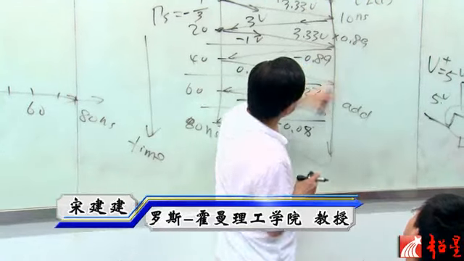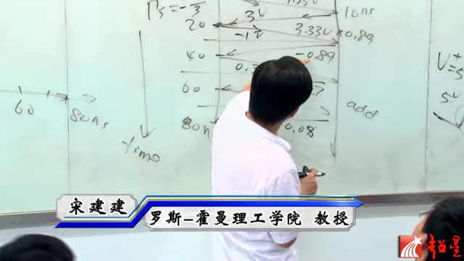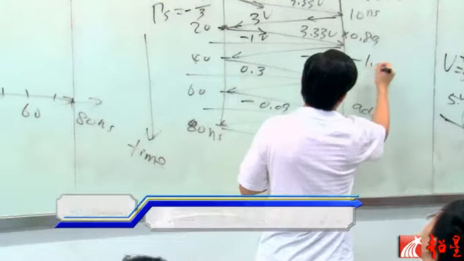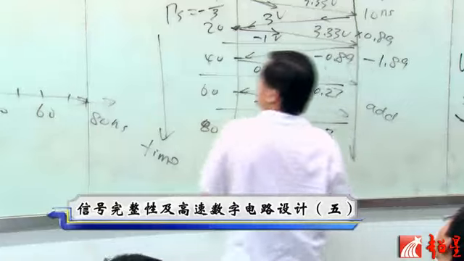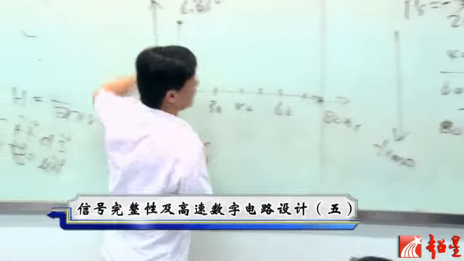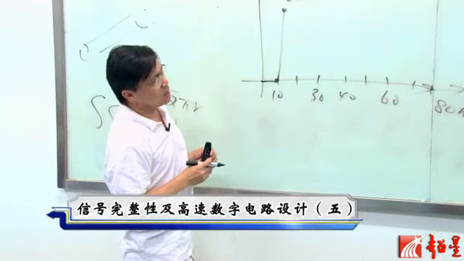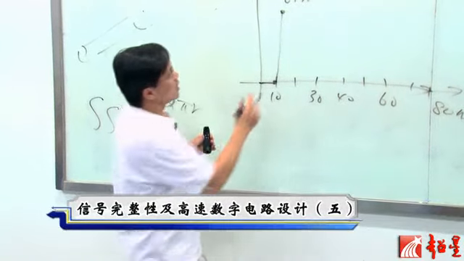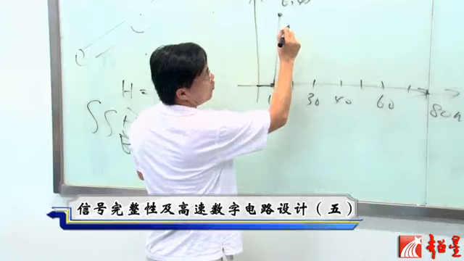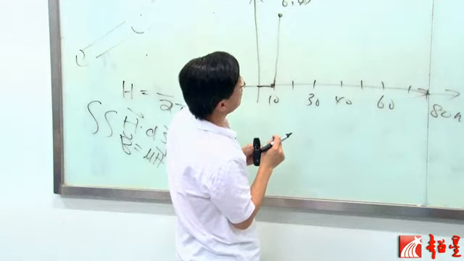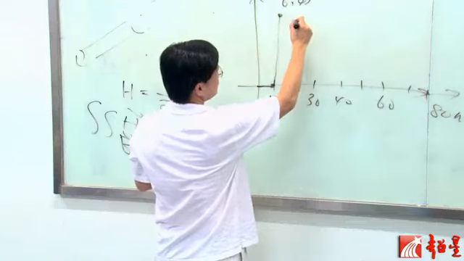What is the voltage here? It's negative 1 plus negative 0.89. So it's negative 1.89. So 6.33 minus 1.89 will give us 4 something, right? 4.43.